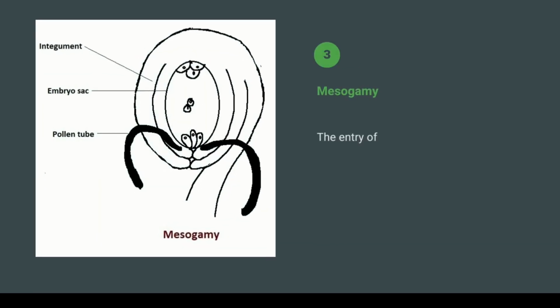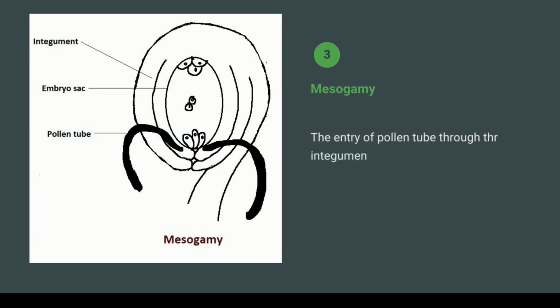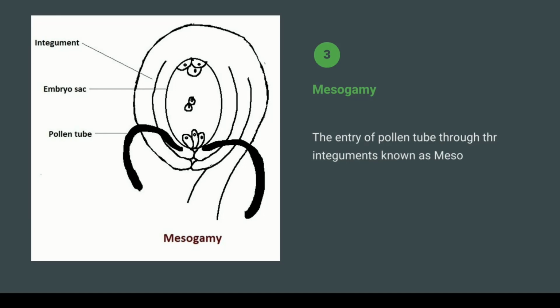Now, the third one is mesogamy, in which the entry of the pollen tube will be through one of the integuments, either the right one or the left one. But as we have seen in the previous one, chalazogamy, the pollen tube enters through the chalazal end.